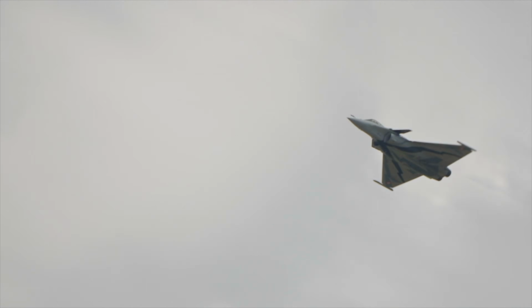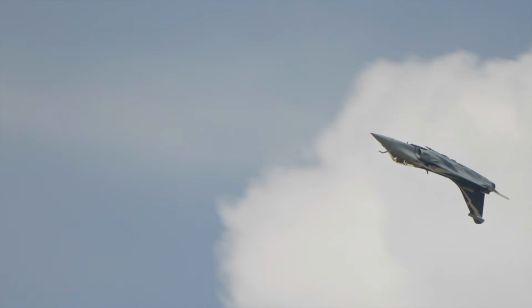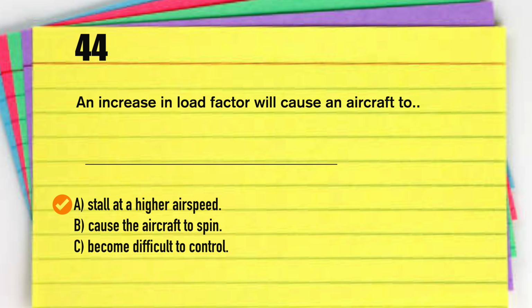And now the plane can maintain the same altitude it was flying at, because it's traveling at 200 miles an hour, and if it goes below 200 miles an hour on that banked turn, it will stall. So the stall speed increased from 100 miles per hour to 200 miles per hour.